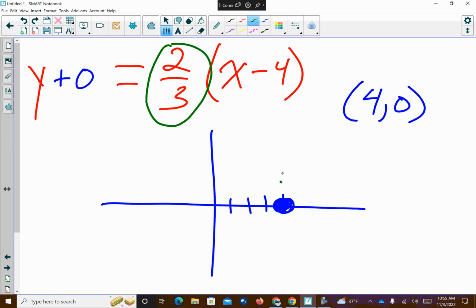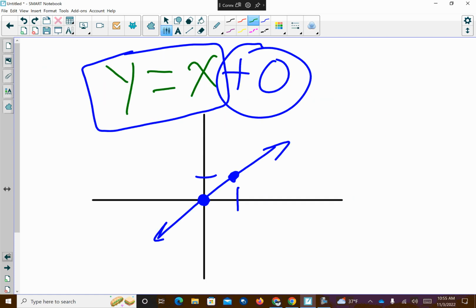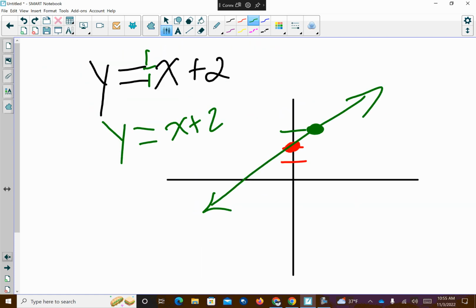So from here, I'm going to go up 2, right 3. Looks like that. Okay? So let me just go back through. So we have 2-point slope, special case.